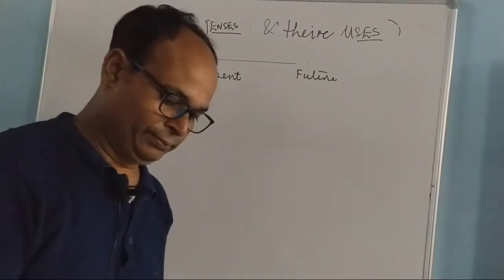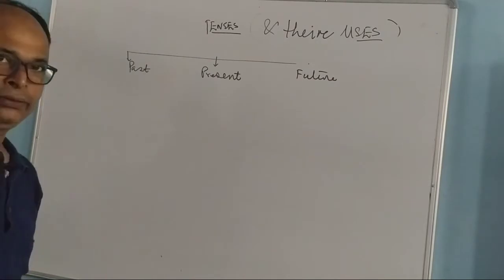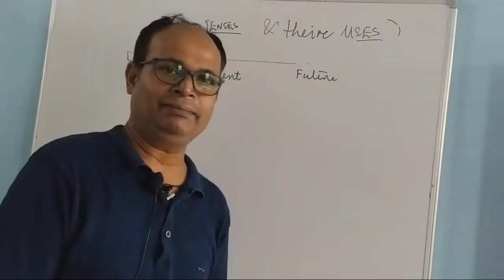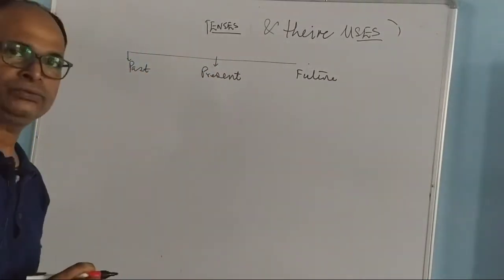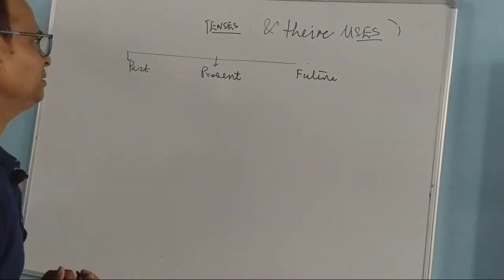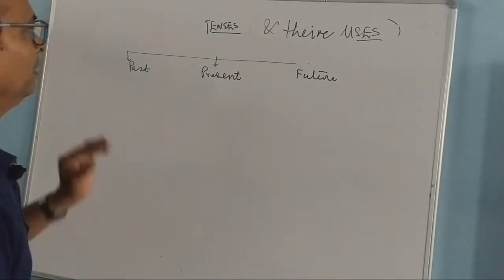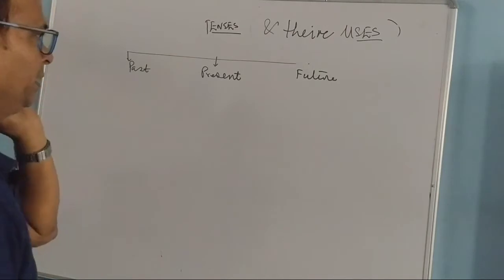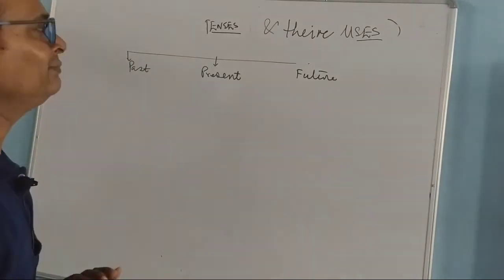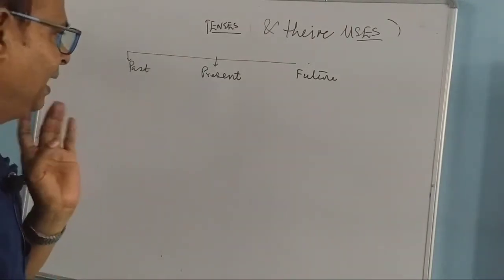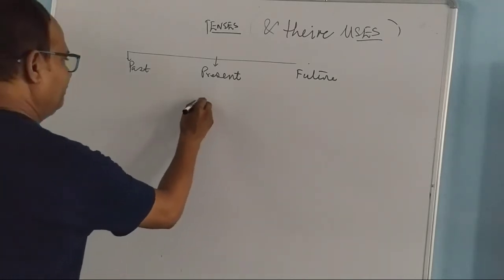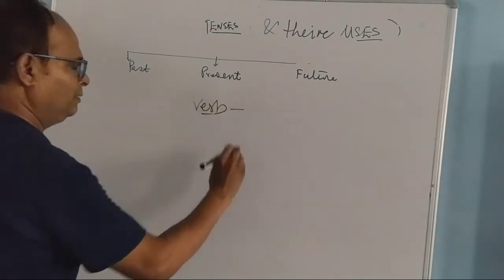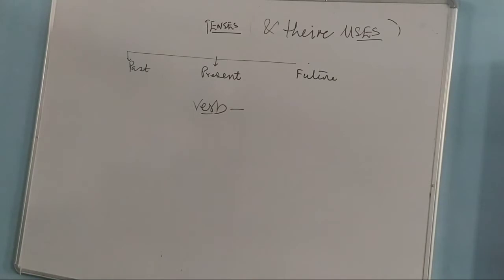Good morning, children. Today we are going to start with another important grammar lesson, and this will tell you about the basics of English grammar, and this is very important in order to use the verb appropriately. So, when I am talking about the use of the verb in appropriate terms, what are we going to talk about?